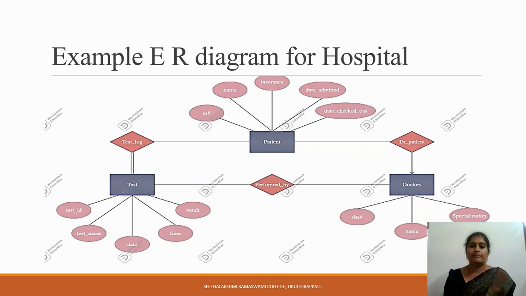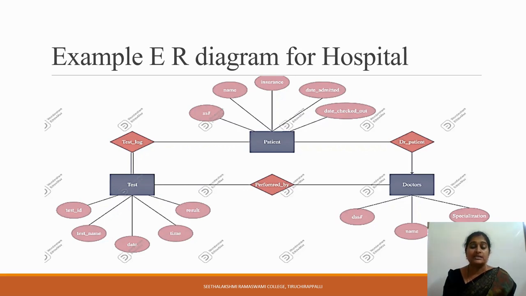Example ER diagram for a hospital. Here doctors, patient and test are entities that are represented with the rectangle symbol. Doctor-patient is the relationship between patient and doctor. Performed by is the relationship between test and doctors.